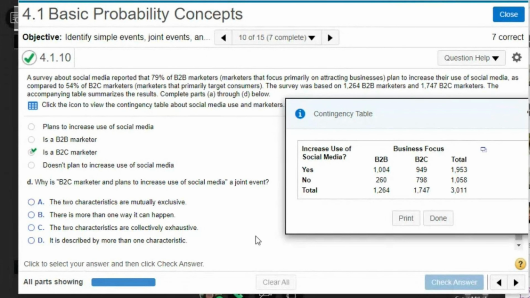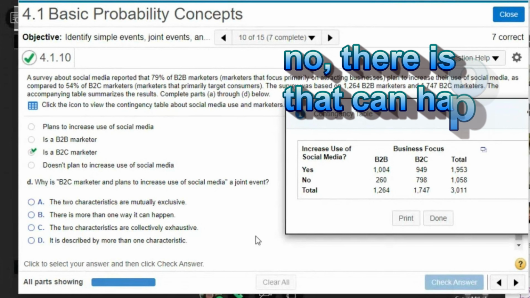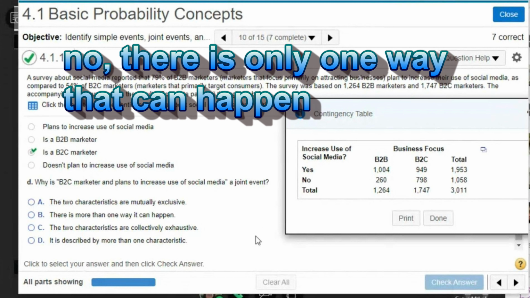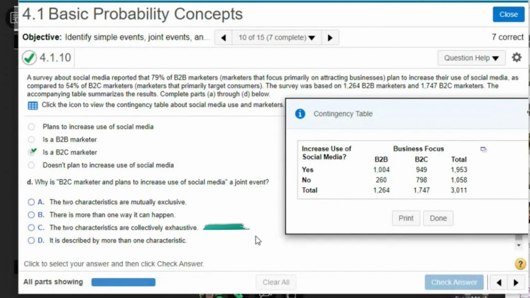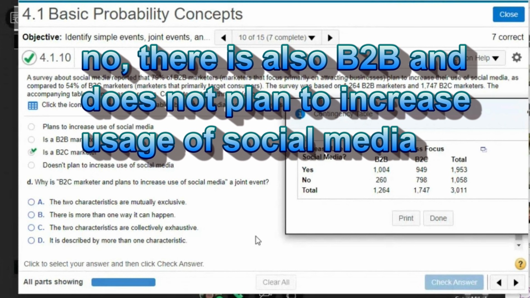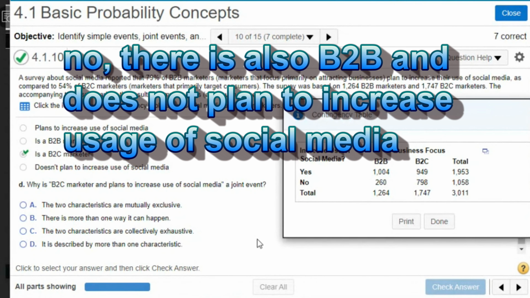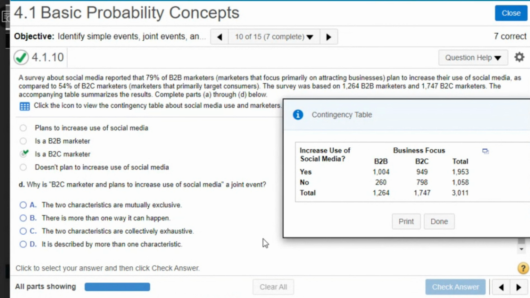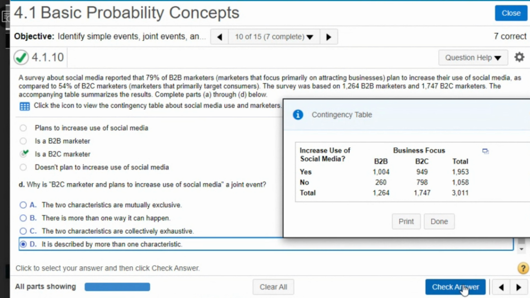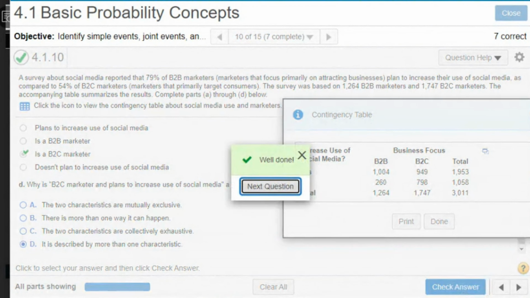The next choice is there is more than one way it can happen. No, there is only one way that can happen, so that's not correct. The two characteristics are collectively exhaustive. No, there is also B2B, and there is also not planned to increase use of social media, so it's not collectively exhaustive. And then it is described by more than one characteristic. Yes, that's the definition of a joint event, so that's the answer.